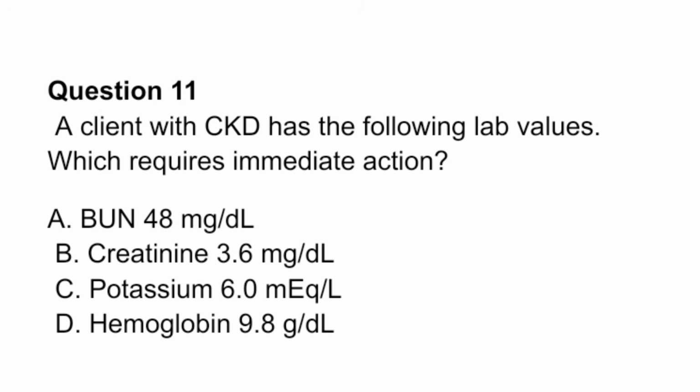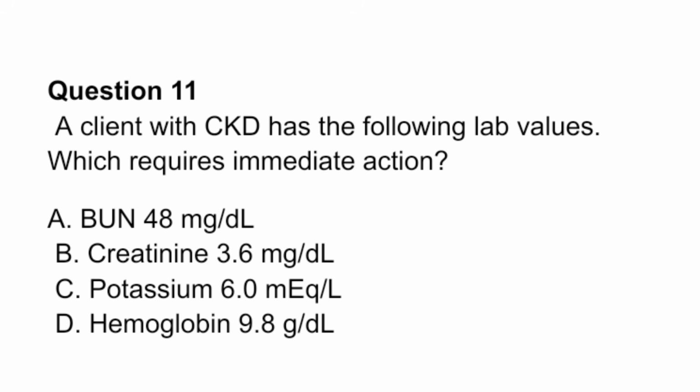Question 11. A client with CKD has the following lab values. Which requires immediate action? A. BUN 48 milligrams per deciliter. B. Creatinine 3.6 milligrams per deciliter. C. Potassium 6.0 milliequivalents per liter.